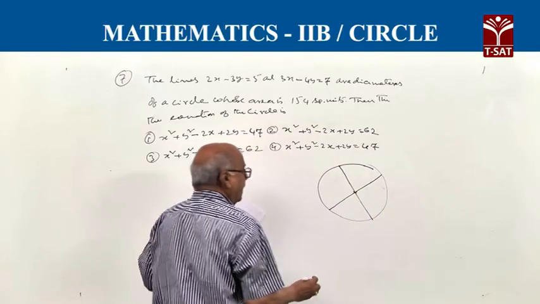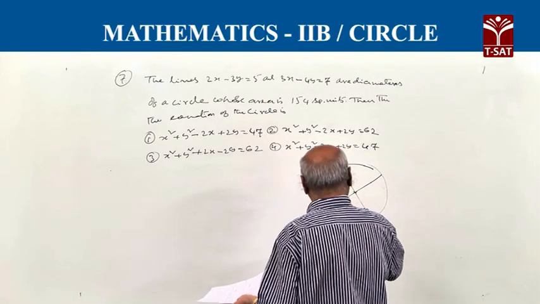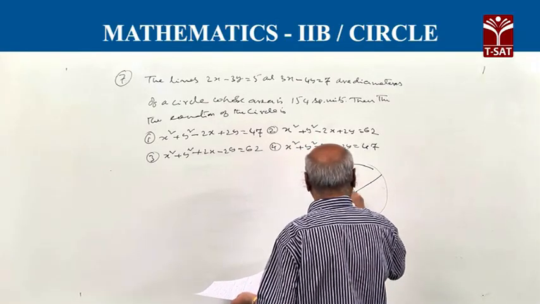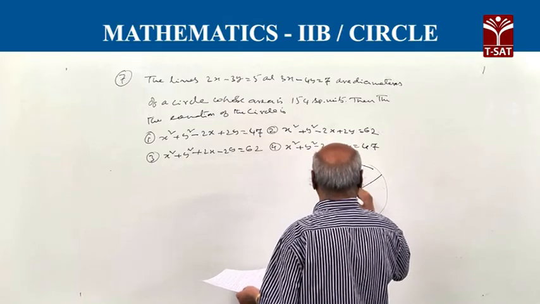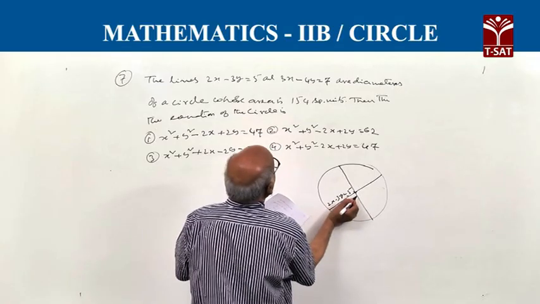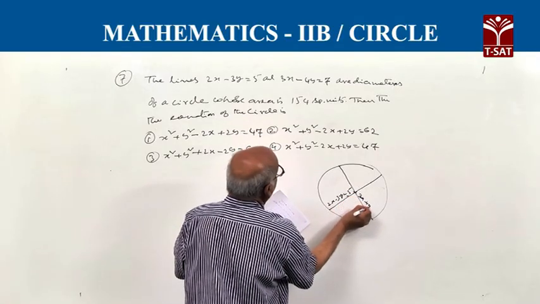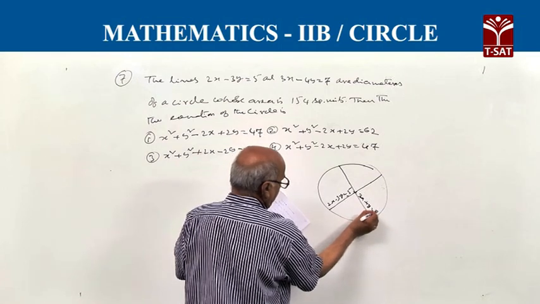So the two diameters are simply 2x minus 3y is equal to 5 and 3x minus 4y is equal to 7.